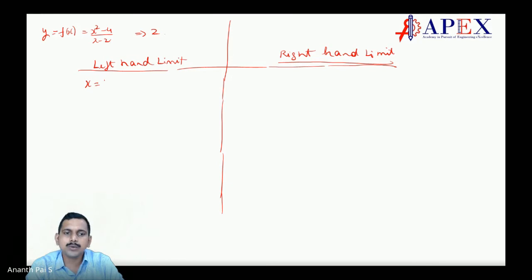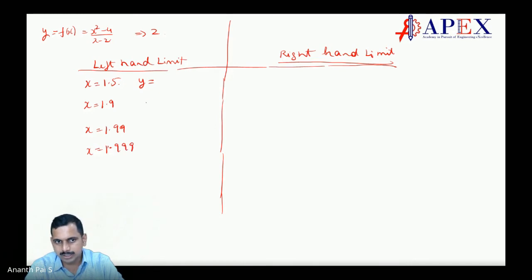Let us take 1.9. What is y at 1.9? You calculate. Then you go for x is equal to 1.99. Let us go with 1.5, then 1.9, then 1.99, then x is equal to 1.999.